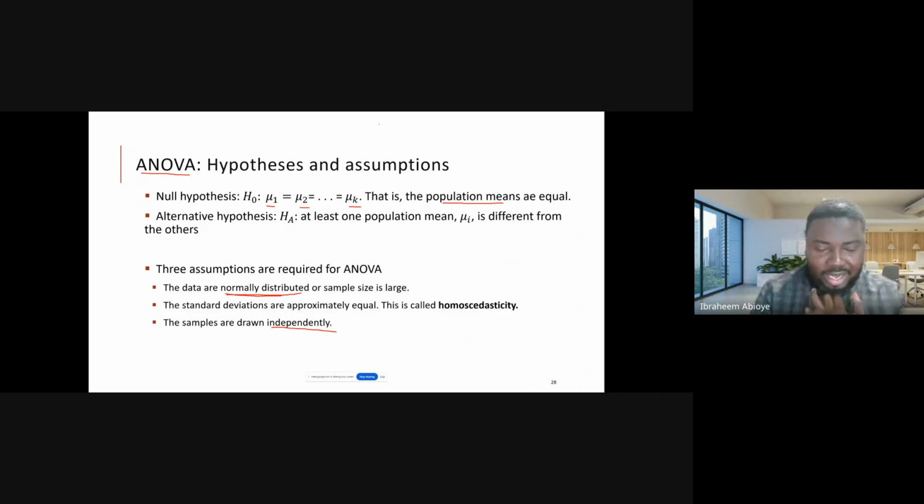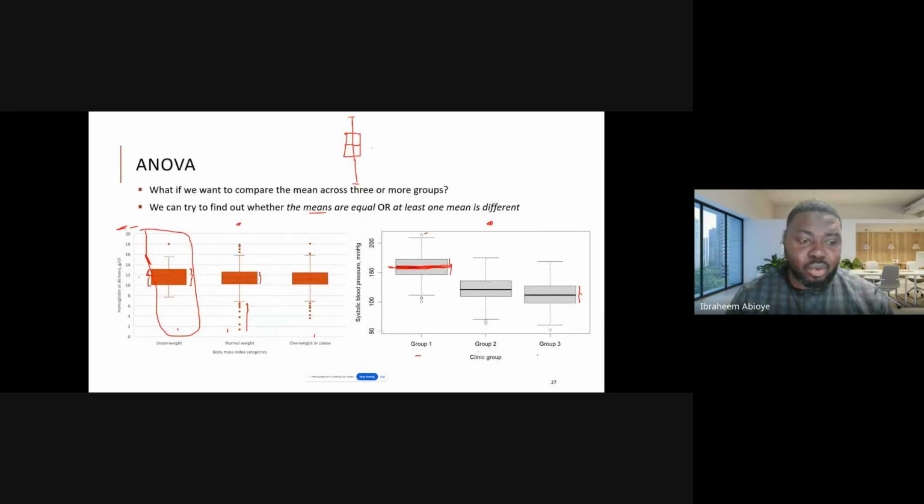Okay, so three assumptions to use ANOVA. The first is that the data are normally distributed. The second is that the standard deviations are approximately equal. Somebody started to talk about the standard deviations: if you look at the interquartile range, it does look as if one interquartile range is meaningfully more than the others, but you're probably better off calculating the standard deviation within each group.